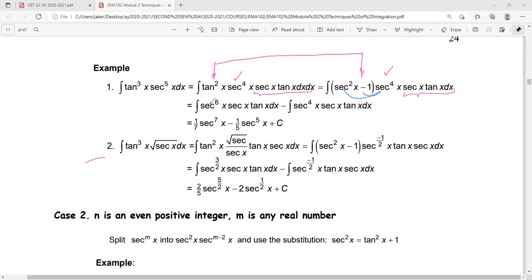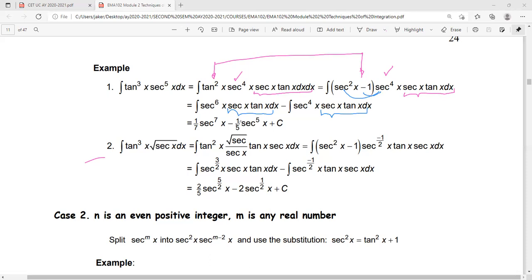This would be secant x raised to 6. This is still the derivative intact. And you have your secant to the 4th. This is still the derivative intact. Then you can use power rule for this and this. This becomes 7. This becomes 5. Why? Because this one stands for the derivative of the secant.